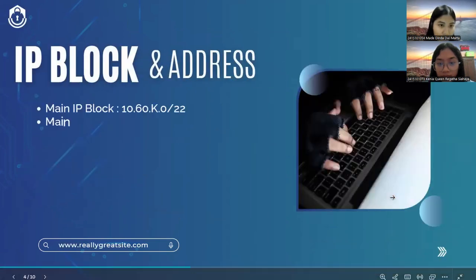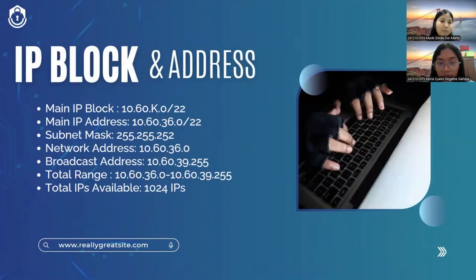Next, I will explain the IP block and the addresses. Based on the calculated value of K, the main IP block used is 10.60.K.0/22. This subnet provides a total of 1024 IP addresses, which is sufficient for all LAN segments and router-to-router connections.